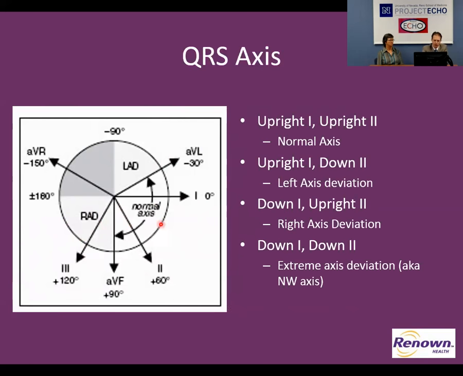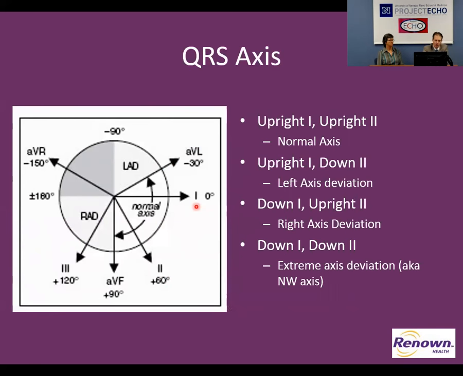So if you look, for example, at standard 2 at 60 degrees, and you have a positive QRS, then that's going to be anywhere between minus 30 degrees and plus 150 degrees. So it's going to be on this side of the circle.